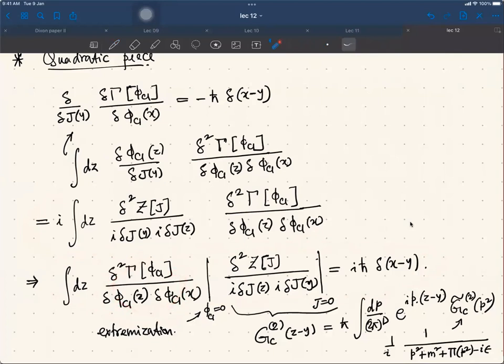After calculating this derivative, you have to set phi cl equal to 0. Here also, after taking the derivatives, you have to take j equal to 0. But even at non-zero phi and j, these are inverse of each other. So you can take this equation, this is equal to minus h bar I h bar delta x minus y, and apply that differential operator that I just described on it.